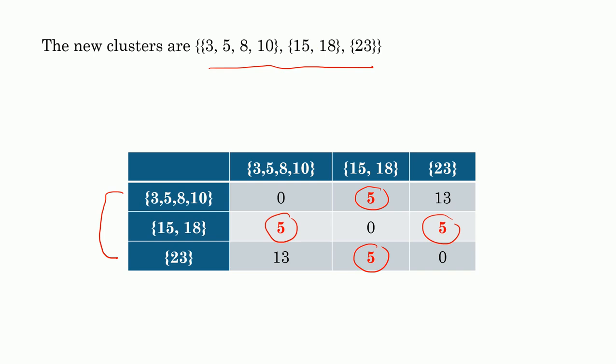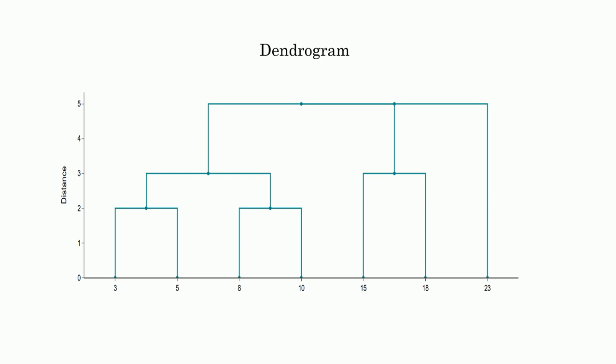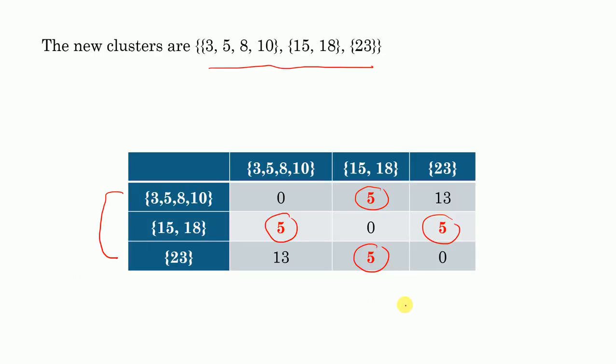Now how can we show it using a dendrogram? Look at this. What we have to do: in the y-axis we have to write the distances, and in the x-axis we have written all these points. If I tell you the process, how can you do it? This is the x-axis, this is the y-axis.